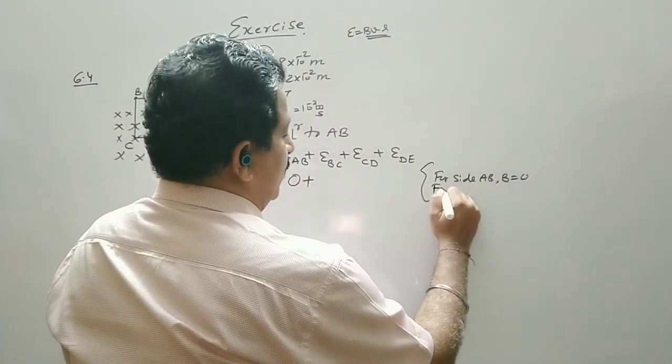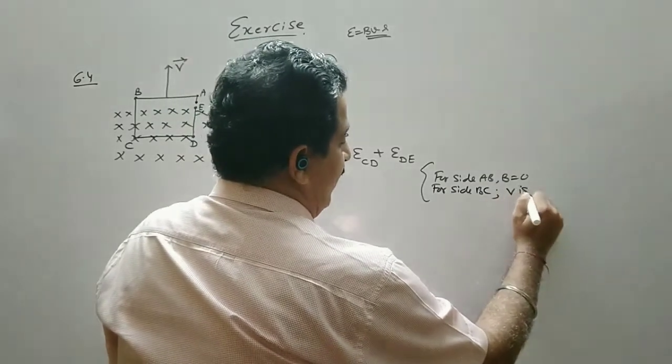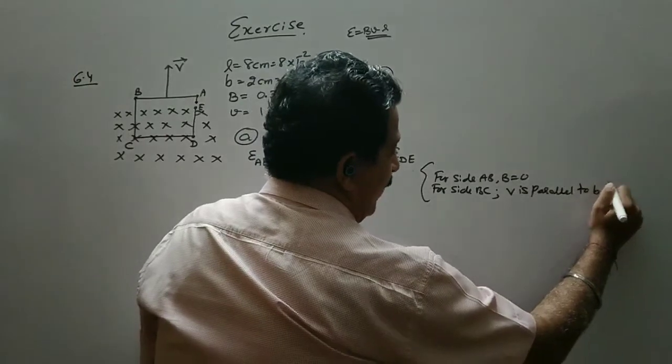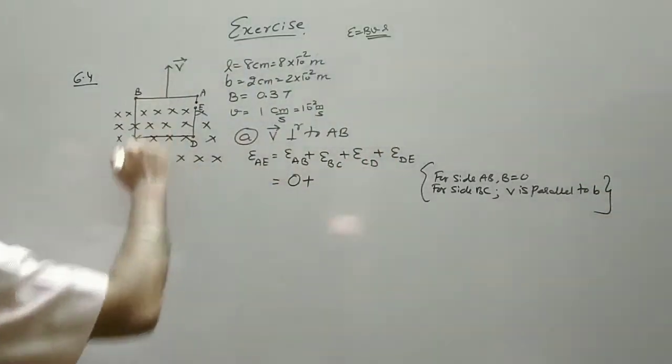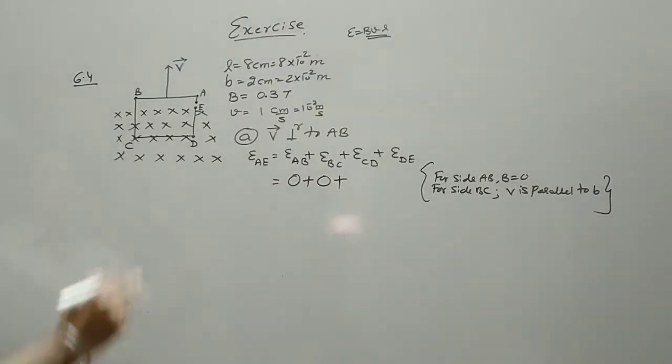So for side BC, V is parallel to the breadth, so no EMF is induced. It is 0.